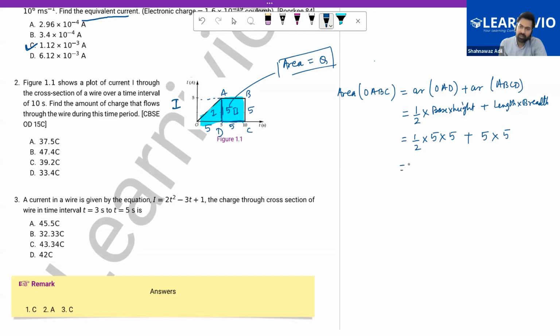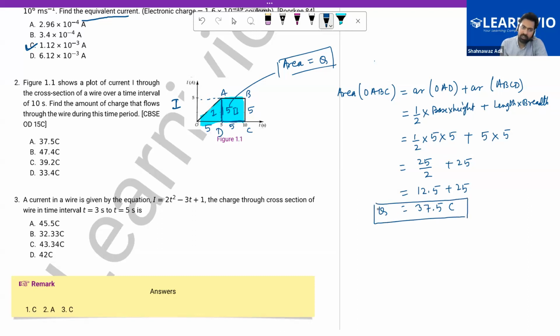So this is 25 by 2, and this is 25. So 25 by 2 is 12.5 plus 25, which is 37.5 coulomb. That would be the charge.